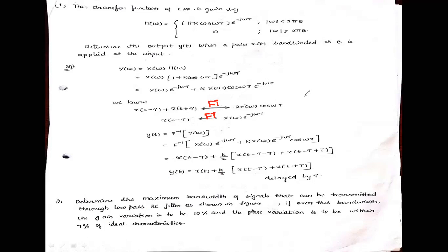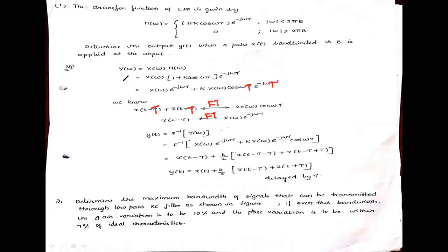There is an e power minus j omega tau also. The cos omega T is cos omega T, not the tau, it is a T. This is a tau. If it is T, then this value is also T, so x of t minus T, x of t plus T.